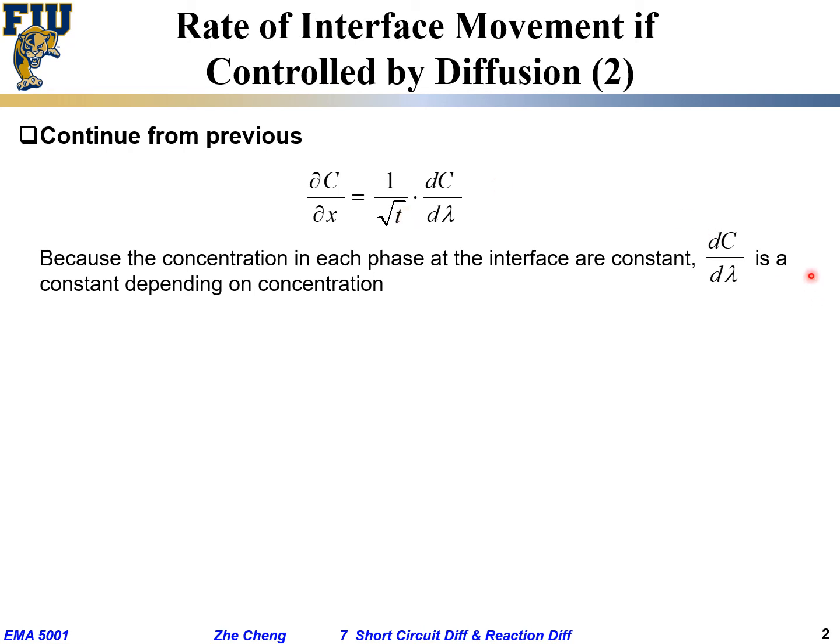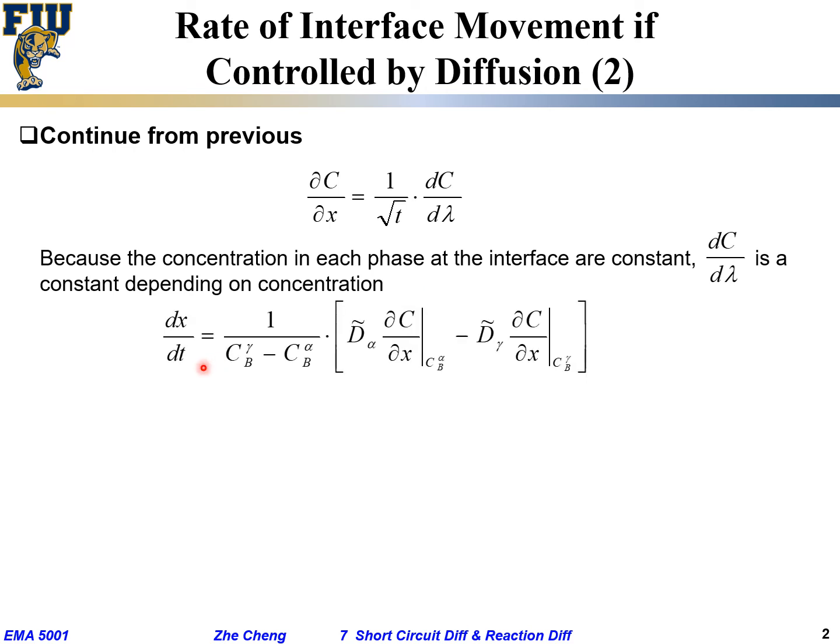The dc over d lambda, the concentration change with respect to my simplified lambda, is a constant that depends on concentration. How does the concentration change with my chosen parameter lambda? It's a constant. As a result, we can rewrite the previous equation, which is this one.